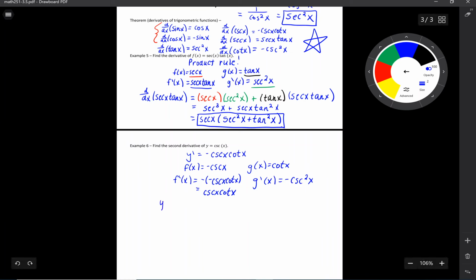So y double prime here is equal to f times g prime plus g times f prime.